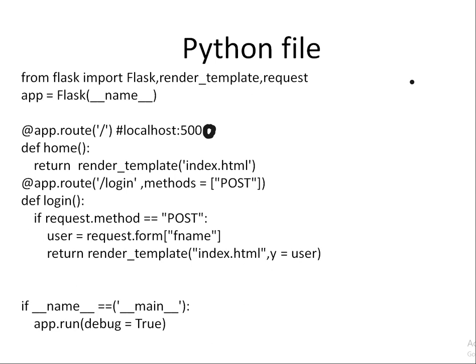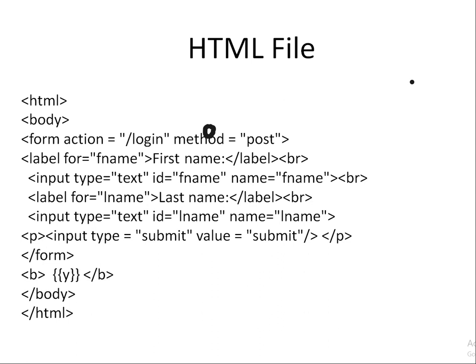Whatever you are giving in the first name of the HTML page, that content will be retrieved, and that will be stored in this variable user. And then next we are going to return render_template index.html, and we are going to send y equal to user, right? So the user value will be sent to the value y, so where that value is available, so here, right?